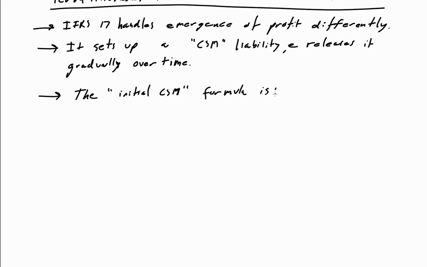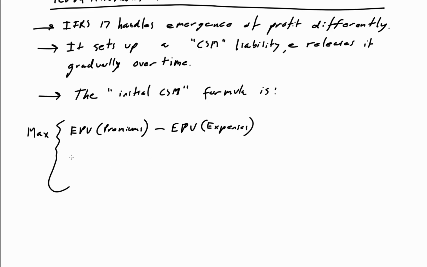The initial CSM formula is the maximum of expected present value of premiums minus expected present value of expenses minus expected present value of claims or benefits, if you prefer, minus RA, which was the risk adjustment that's part of the IFRS 17 construction. So the maximum of that and 0.